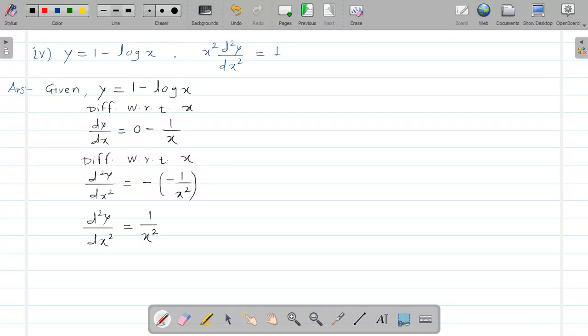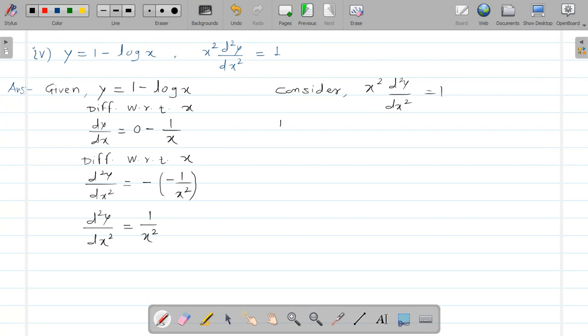Okay, see, since the derivative of 1 upon x is minus 1 upon x square, and here there is a minus sign, so minus into minus becomes plus. Now after getting the second order derivative, consider the given differential equation, that is x square into d square y upon dx square is equal to 1.